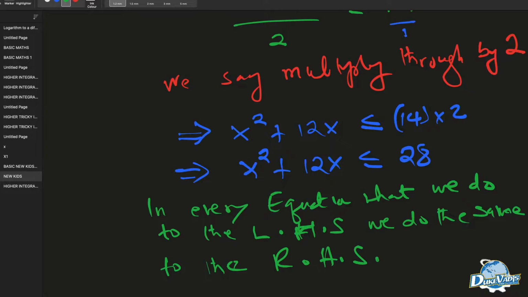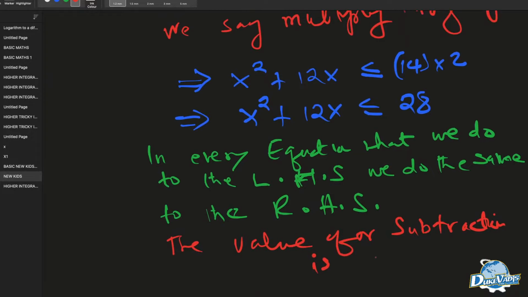All right, so now, is it possible for us to do that? Yes, it is. So the value we are going to subtract, the value for subtraction, is 28.